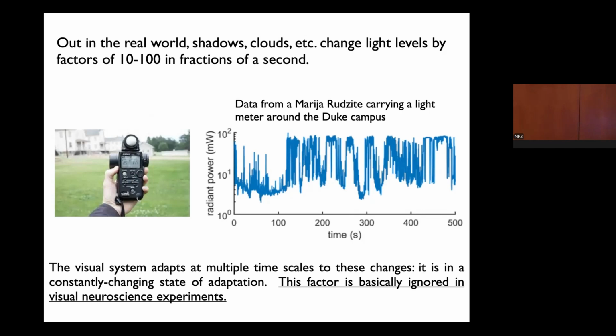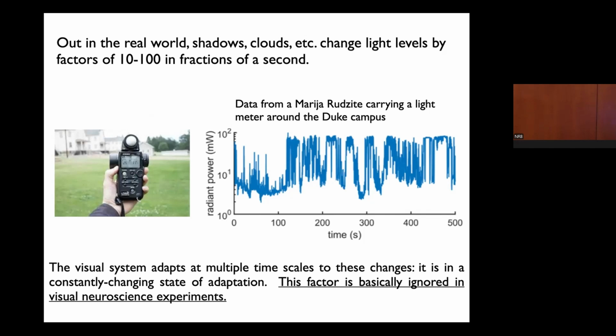This is a recording done by taking this device called an optical power meter. The technician, Maria, just walked around the Duke campus and recorded brightness, on the vertical axis here, as a function of time while she walked around. And you can see there are these really frequent and large changes in brightness level, like a couple of log units, effectively 100.